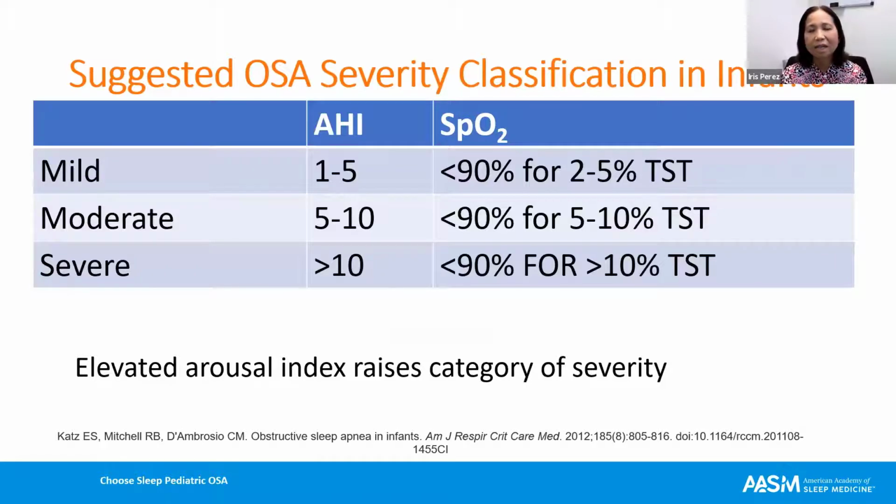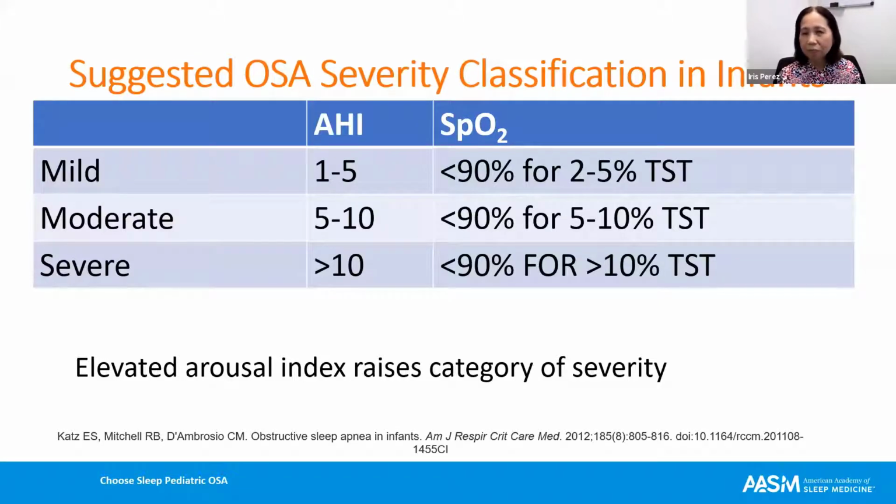The suggested classification for OSA severity in infants includes mild, similar to adults and children, 1 to 5, moderate is 5 to 10, and severe is greater than 10. And in infants, we add oxygen saturation of less than 90% for 2 to 5% of sleep time.